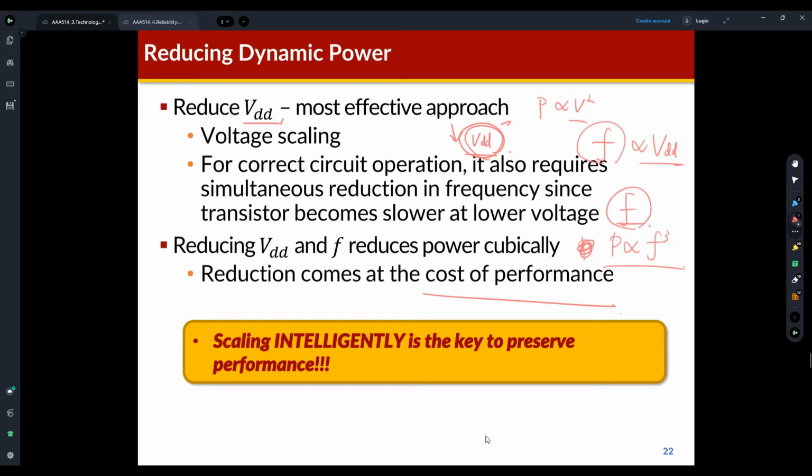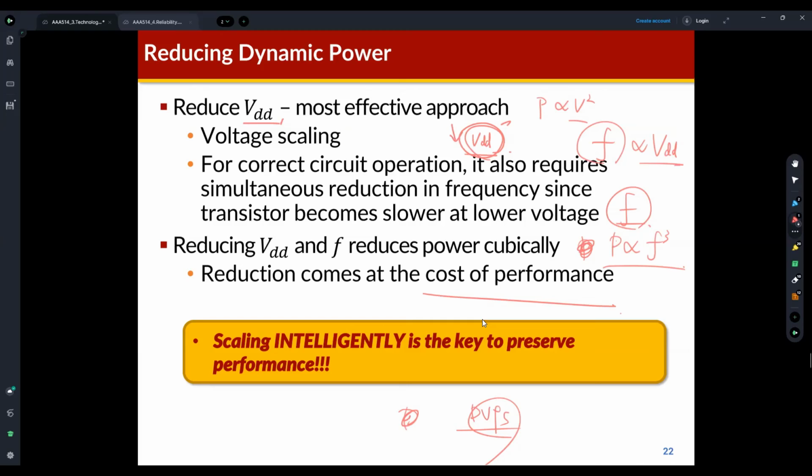So DVFS, dynamic voltage and frequency scaling techniques, are widely used in commodity processors like Intel or AMD and some other processors. In order to reduce the dynamic power, we need to adjust the voltage level and also the frequency level.